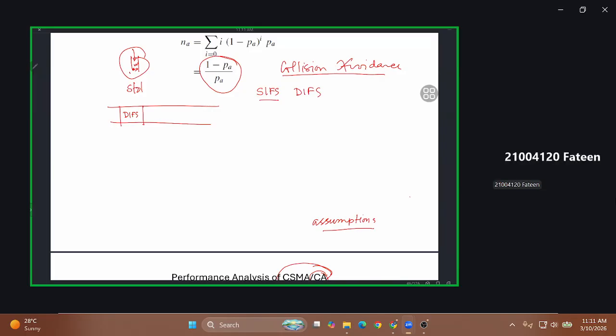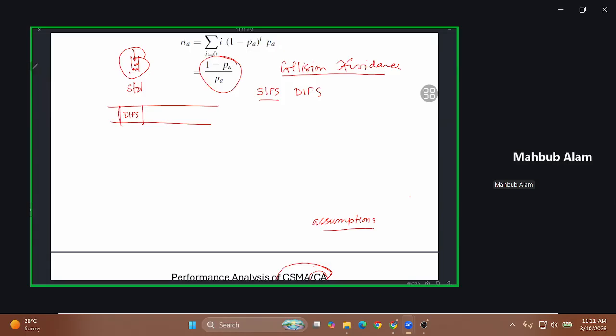Actually, 802.11 has two different modes, DCF and PCF. Here, DIFS is the distributed interframe space.